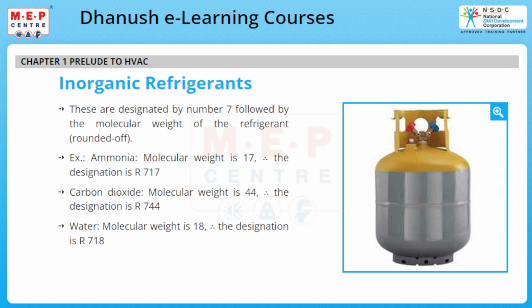Molecular weight is 17, therefore the designation is R717. Carbon dioxide. Molecular weight is 44, therefore the designation is R744. Water. Molecular weight is 18, therefore the designation is R718.